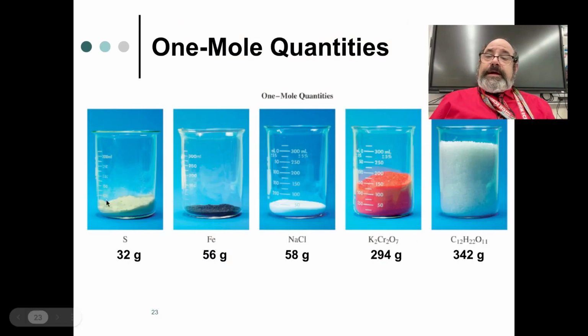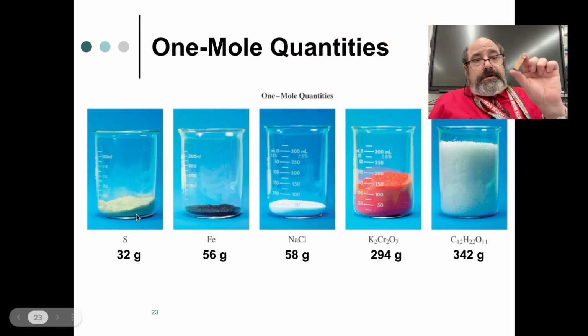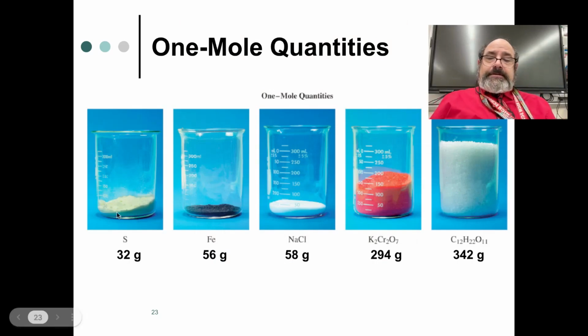Okay, so here we have, you saw moles of elements. Here's moles of stuff in beakers. You got a mole of sulfur, weighs 32 grams, and that's what it looks like. A mole of iron weighs 56 grams. Sodium chloride, that's salt, weighs 58 grams. Ooh, potassium dichromate, that's orange, but look, its mass is much bigger. And oh my goodness, this is sugar.